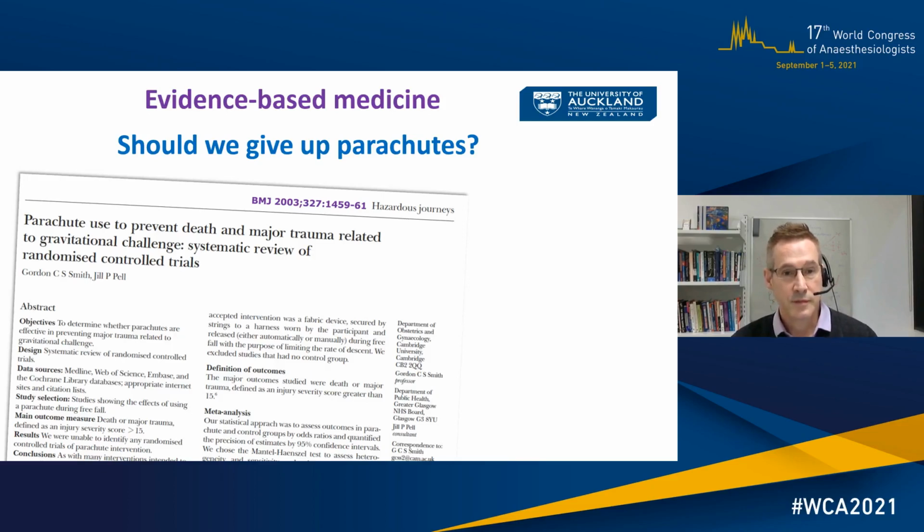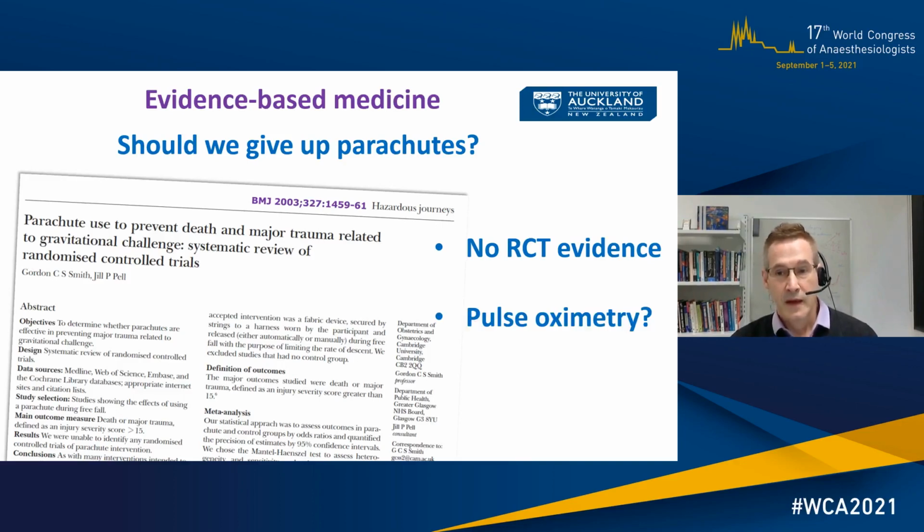Parachutes are used to prevent death and major injury related to gravitational challenge. They concluded there was no RCT evidence for parachutes. So, what is the threshold for evidence we need before we adopt something? And pulse oximetry, there have been large Cochrane reviews that have shown no benefit of pulse oximetry at all. Yet we don't want to give up these technologies.